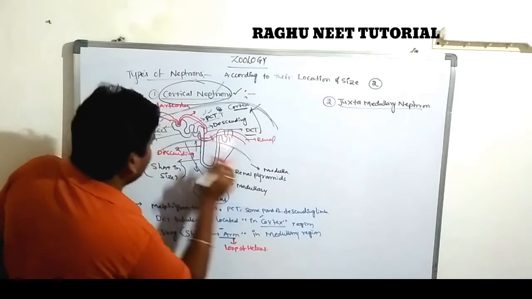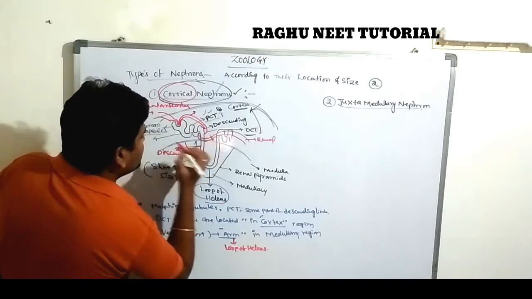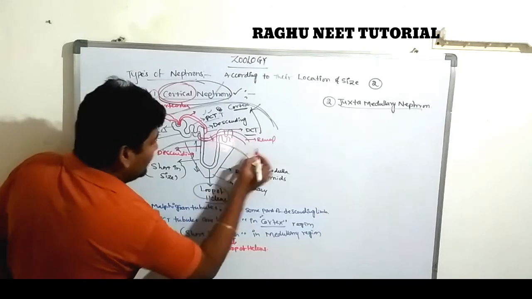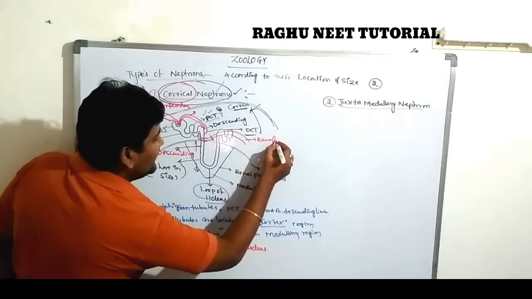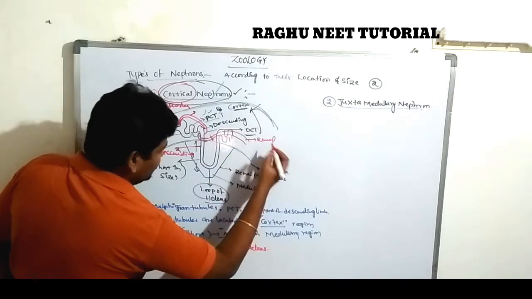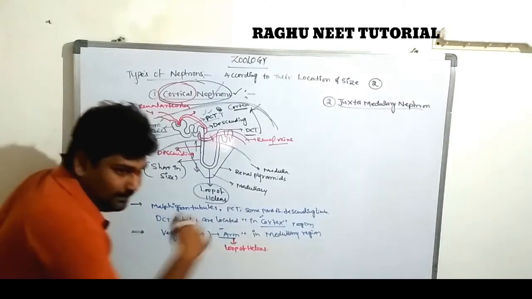Only one loop in the cortical nephron. Only in the cortical nephron is the vein looping around the descending limb. Only one loop, and after that it is released directly into the renal vein to come out of the kidney.